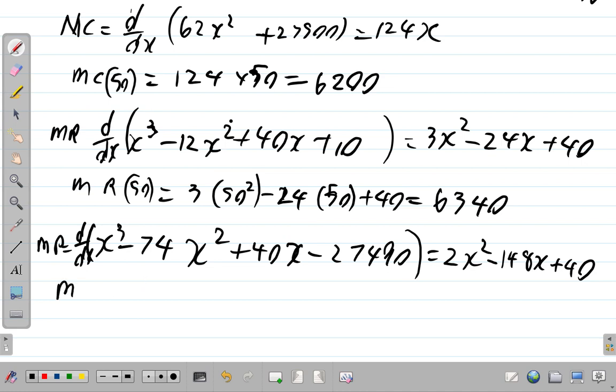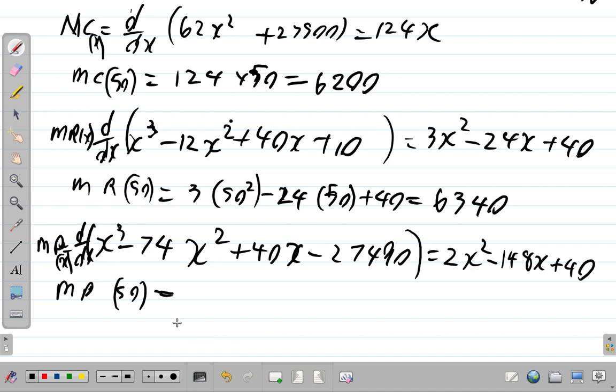Alright, so remember these: marginal revenue of x, marginal cost of x, marginal profit of x. Why am I saying revenue and writing R? It's profit, the marginal profit.